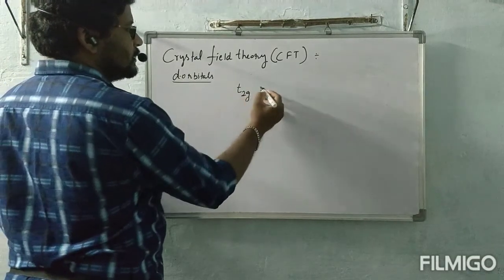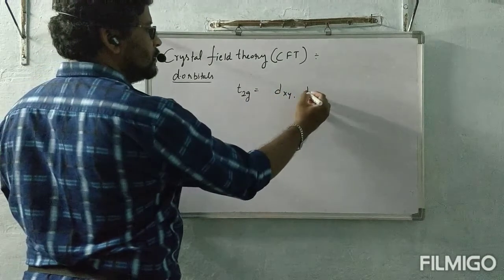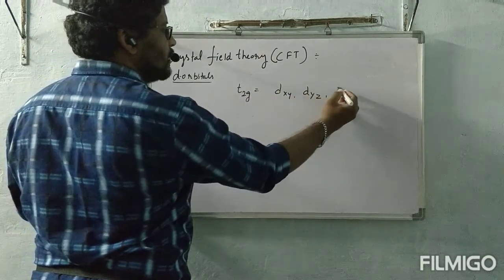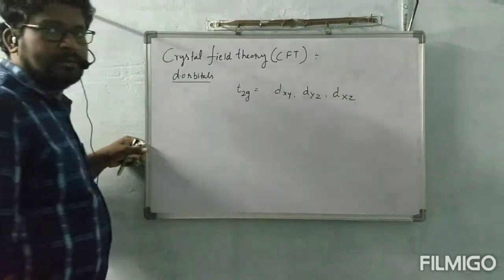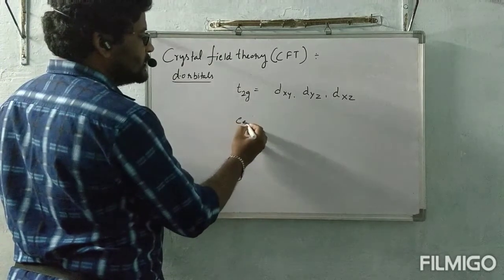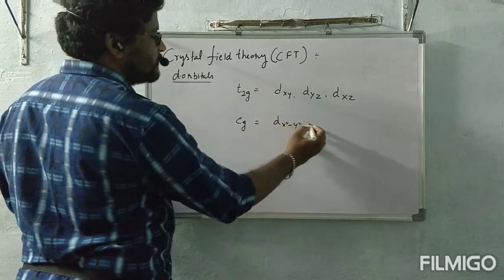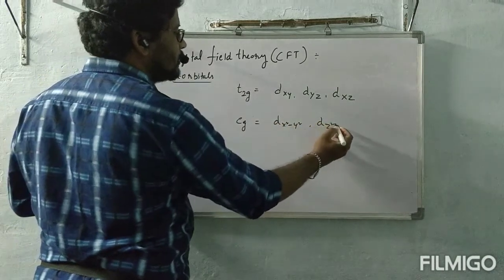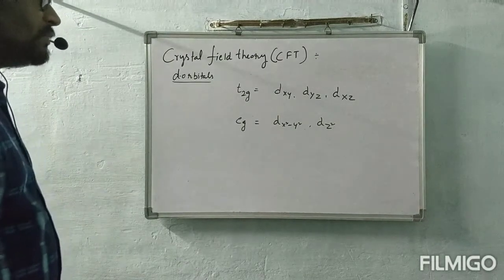T2G set contains dxy, dyz, dxz. Next, EG set contains dx square y square, comma, dz square. Sir, why did they make two sets?